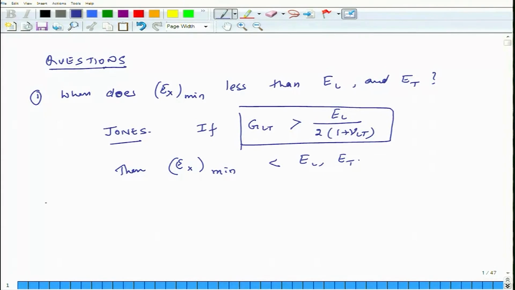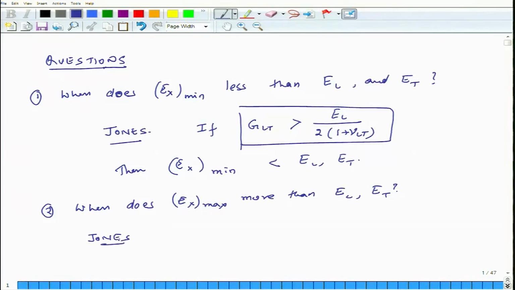Okay. The second question is, when does Ex max become more than EL and Et? And again Mr. Jones answers that it is more than EL and Et if GLT is less than, oh I am sorry, so this condition I specified incorrectly.